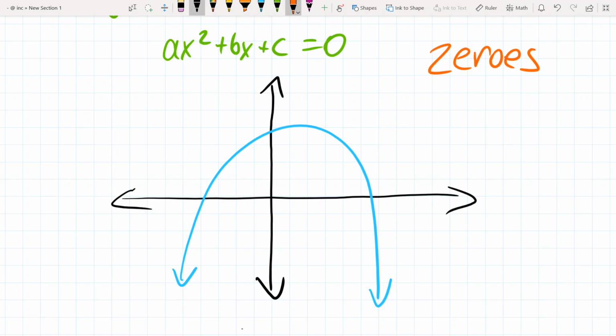Where do you think the zeros or the solutions are now? Hopefully you pointed out this point and this point. Again, those are the points where y equals 0, otherwise known as the x-intercepts. So you could use the word x-intercept here as well. And once again, notice there were two solutions. There will not always be two solutions.